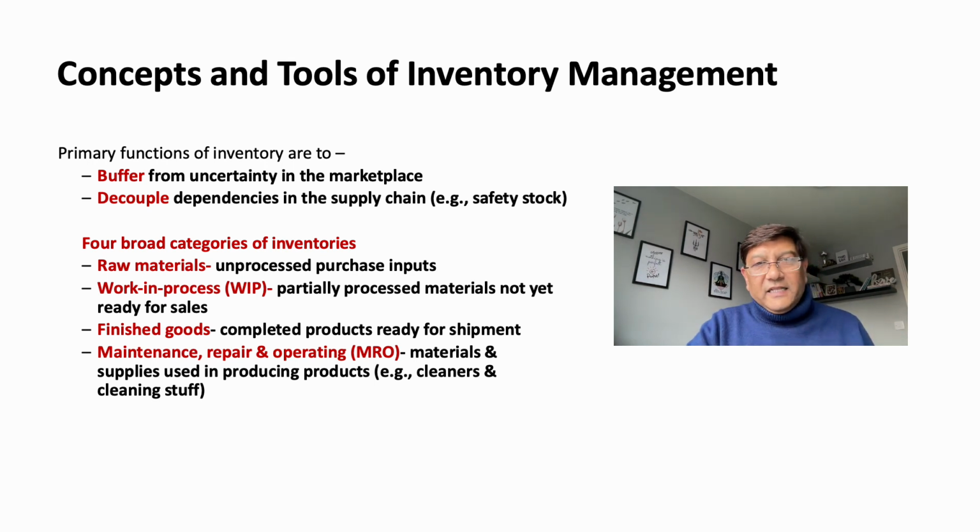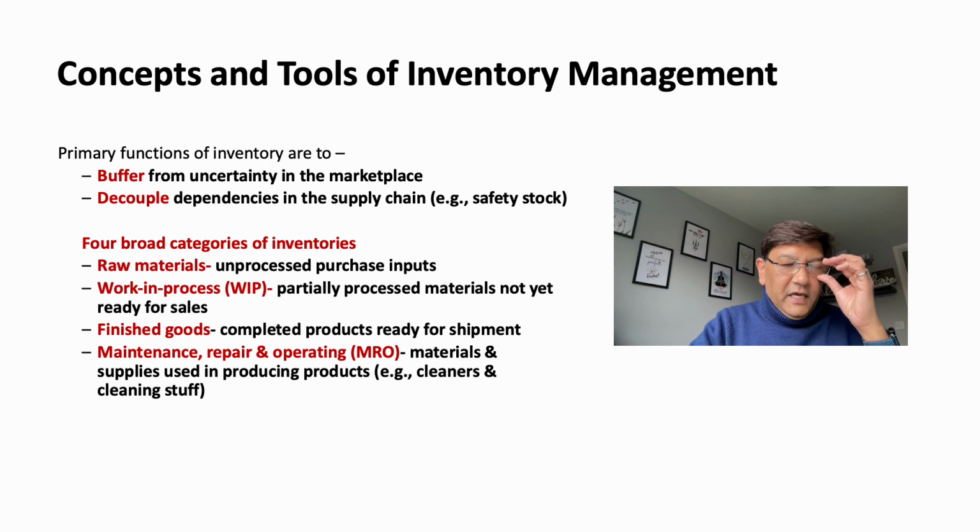Decoupled dependencies we are going to talk about in the next video. But let's keep that in buffer. We are going to talk about buffer as well, but buffer inventory is where we keep a certain percentage, which we have already talked about, at each stage of the manufacturing process.